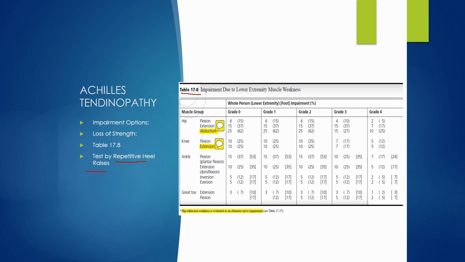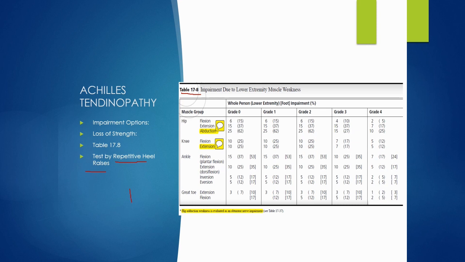In other words, loss of strength of ankle plantar flexion is difficult to identify by standard resisted manual muscle testing. The gastrocnemius and soleus muscle complex is simply too strong, even in a tendinopathy condition, for you to be able to pick up subtle losses of strength.